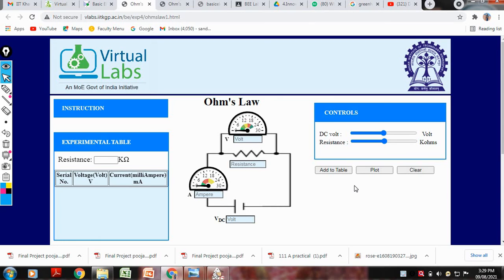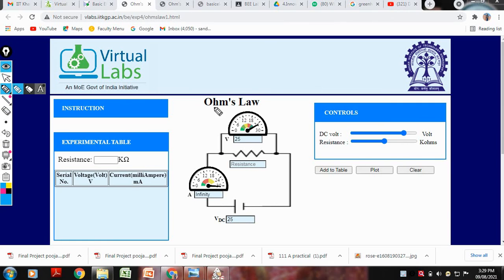First we have to apply the DC voltage. Here we have given a DC voltage of 25. This is the supply voltage, VDC.